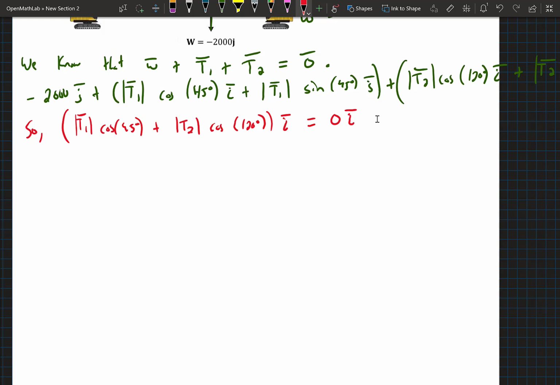And I'm going to refer to this as equation 1. These were the horizontal components from the equation above.